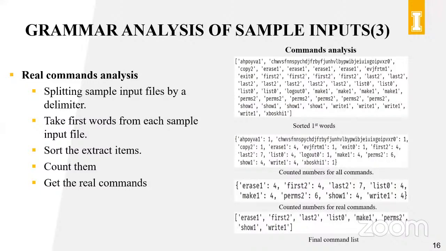We split the sample input by the delimiter, then take the first word from each sample input file, sort the extracted items, then count them to know the most used commands. Then we are able to get the real commands based on the counts, as we have here in the final command list of the most used commands in the sample input file.